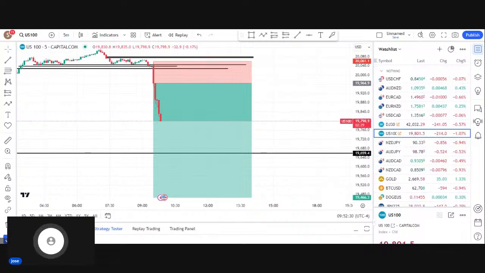So I'm curious, is there anyone who took this trade? Or are we all just taking fake trades on the internet? So, nice.